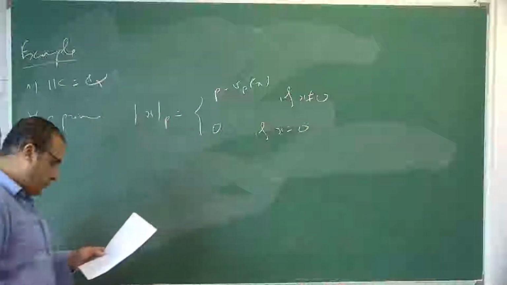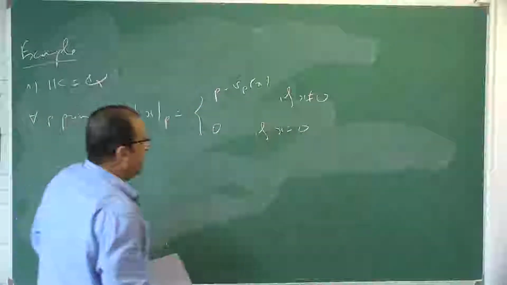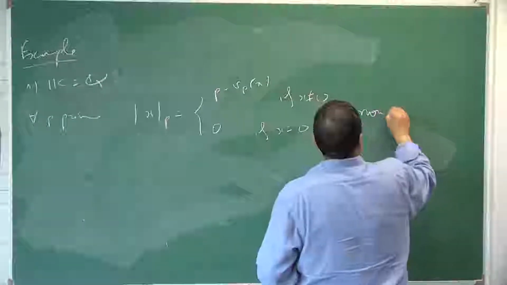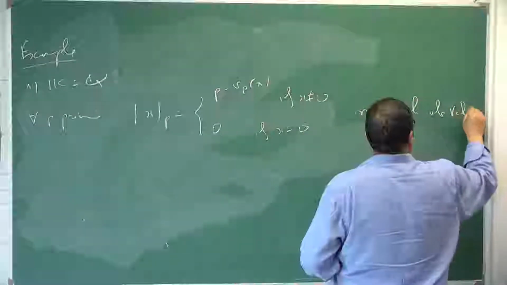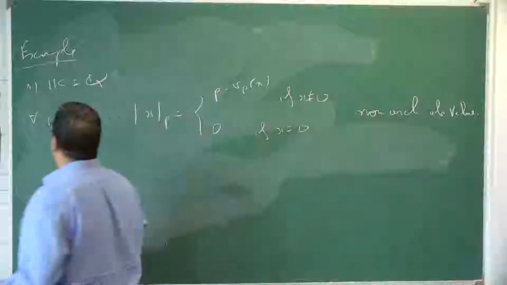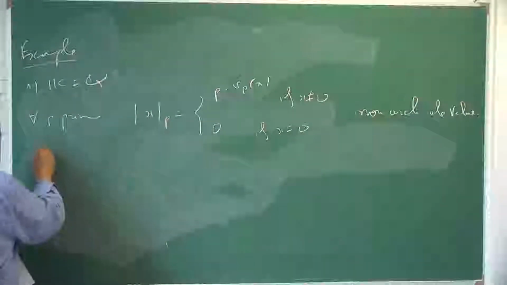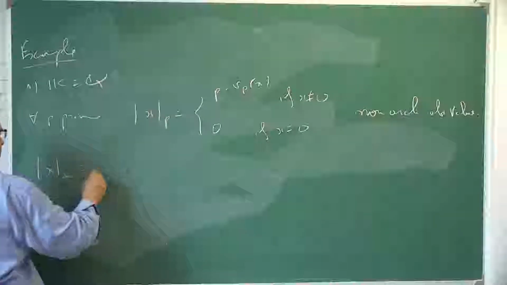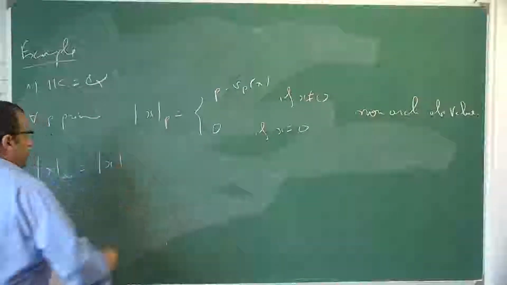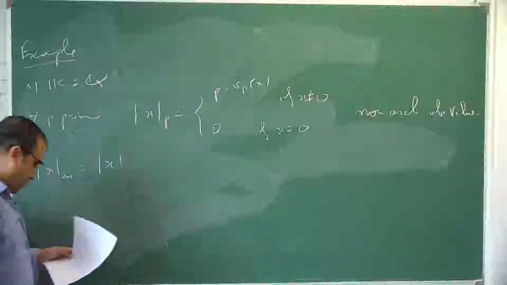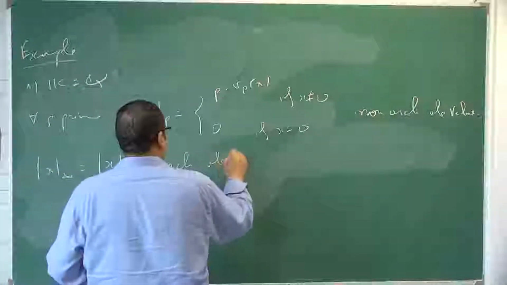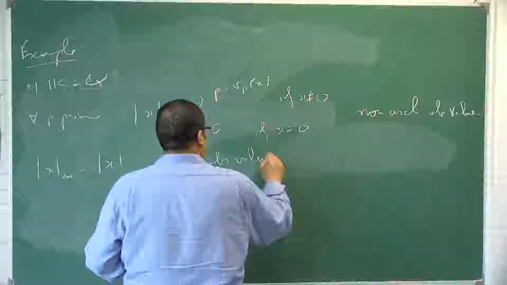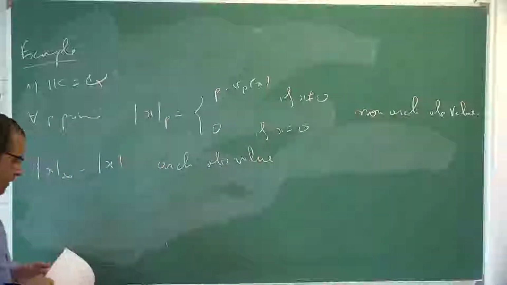This is an absolute value, and it is non-Archimedean. And we have also the Archimedean absolute value defined by the absolute value we know. This is Archimedean.